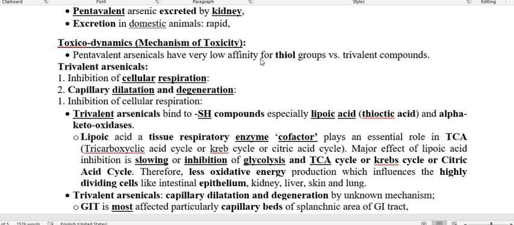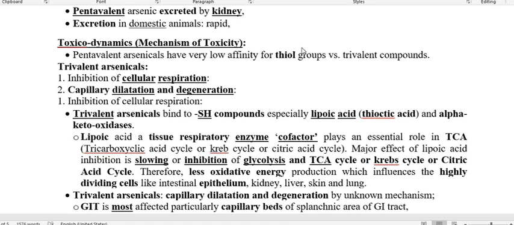Because there are several thiol groups present in the enzymes, or you can say the proteins, participating in the Krebs cycle as well as glycolysis, and because of the binding of arsenic with the thiol group, this is going to inhibit glycolysis and the Krebs cycle.